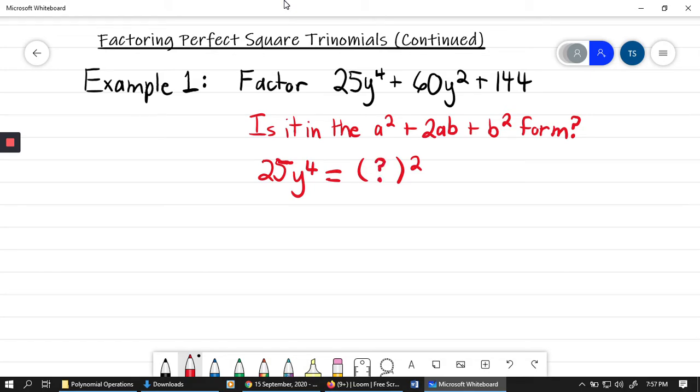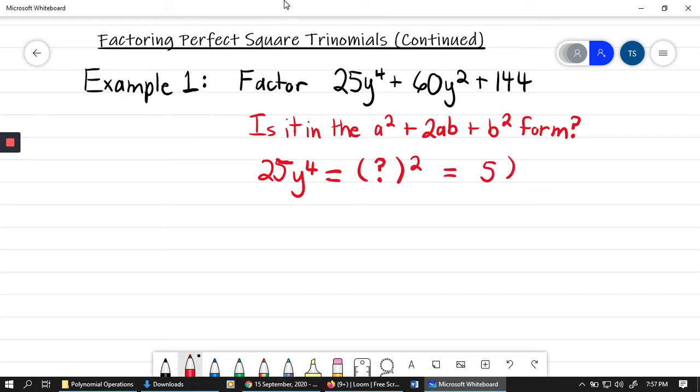When we were talking about difference of squares, we said that to get it written as a perfect square, you can take the square root of that constant, the 25. The square root of 25 is 5, right?